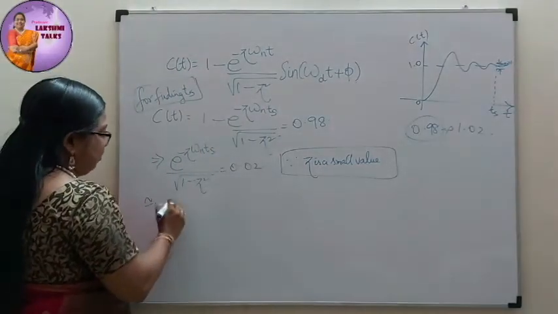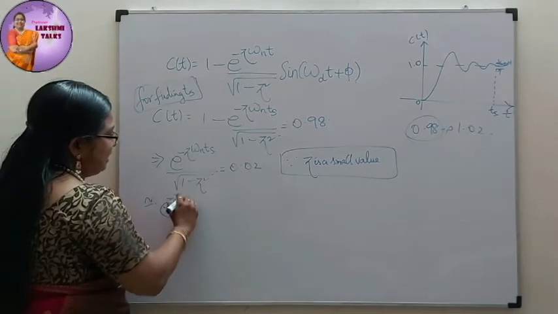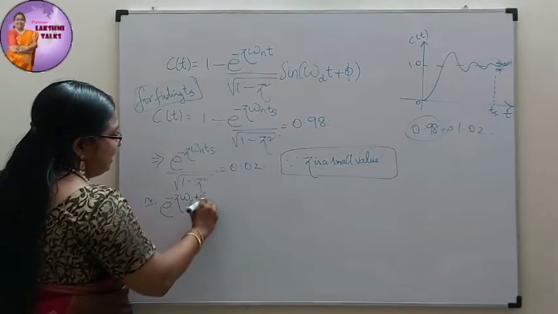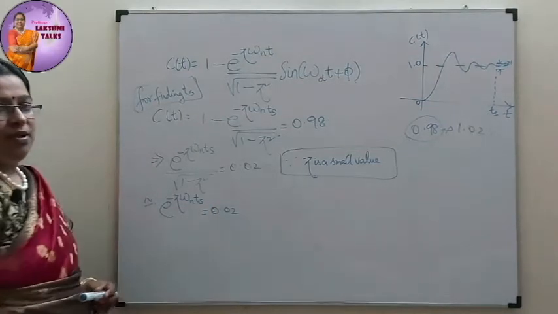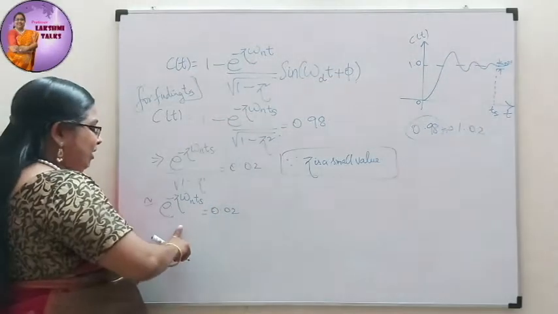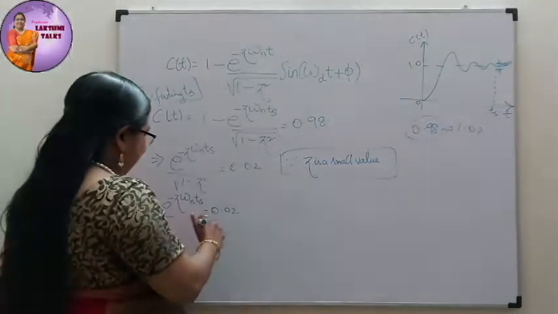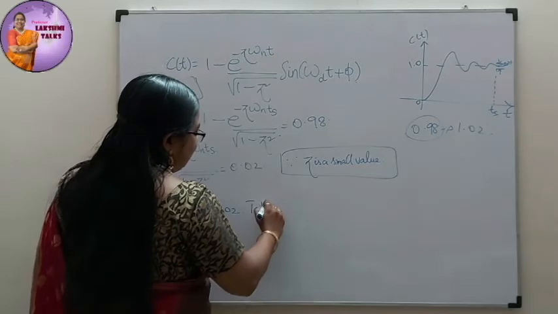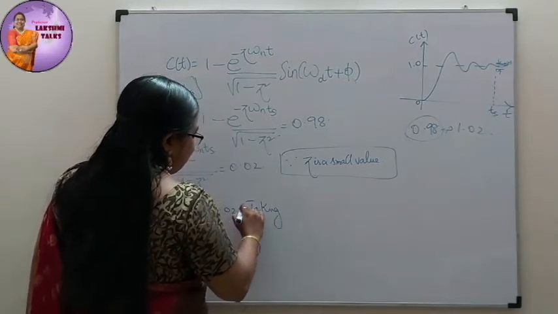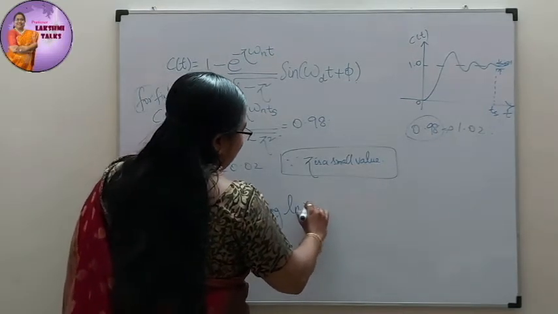So this can be approximated as e power minus zeta omega n Ts is equal to 0.02. Now taking ln on both sides, what do we have?